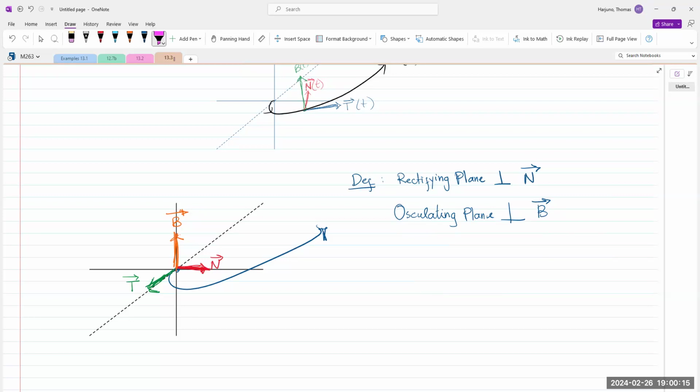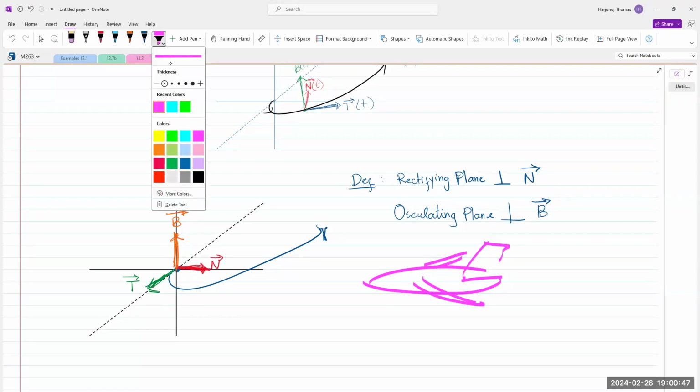So that plane is basically this plane here, the one that is spanned by T and N. Now we can imagine the osculating plane of an airplane being controlled by the wings.